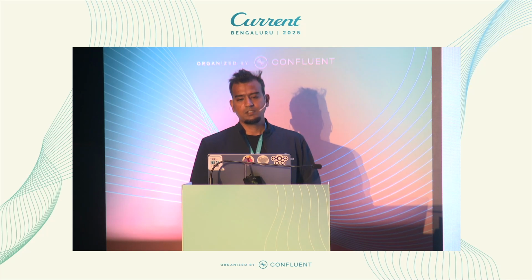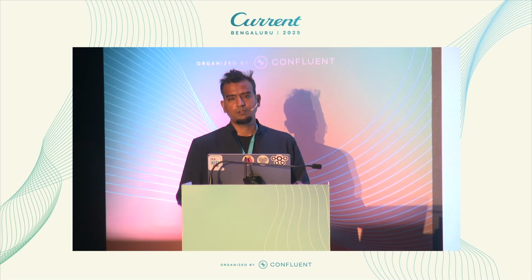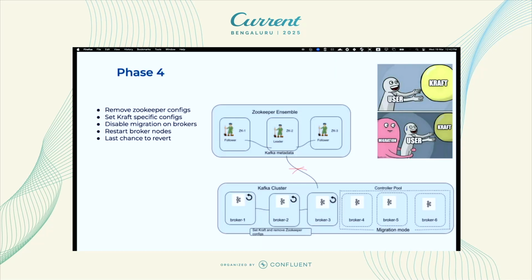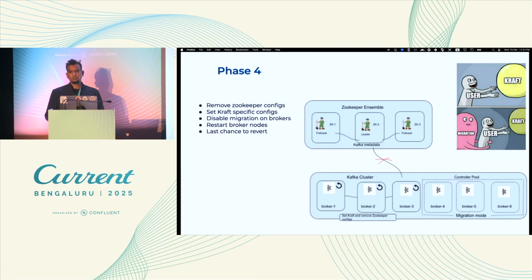In the next phase, we'll remove the dependency on Zookeeper from the data plane first. So we'll remove the Zookeeper-specific configs and set a few KRaft-specific configs on the data plane brokers. Then we'll disable migration, and then we'll restart the brokers. Now, when this is done, the Kafka data plane is only connected to the controller.